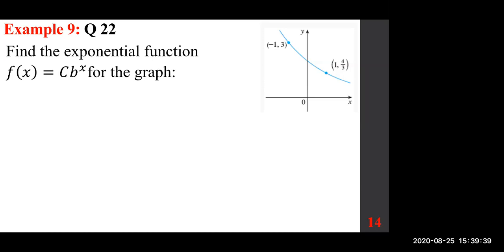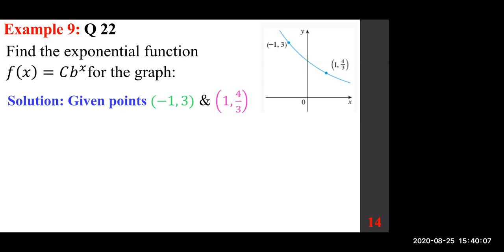To do that, we can see the two pairs, and we write the two pairs, negative 1 comma 3, 1 comma 4/3. So basically, you have two equations, two unknowns, okay? What are your unknowns? The c is unknown, the b is unknown, but you have two pairs. So plug in and come up with the answer, and you're done.